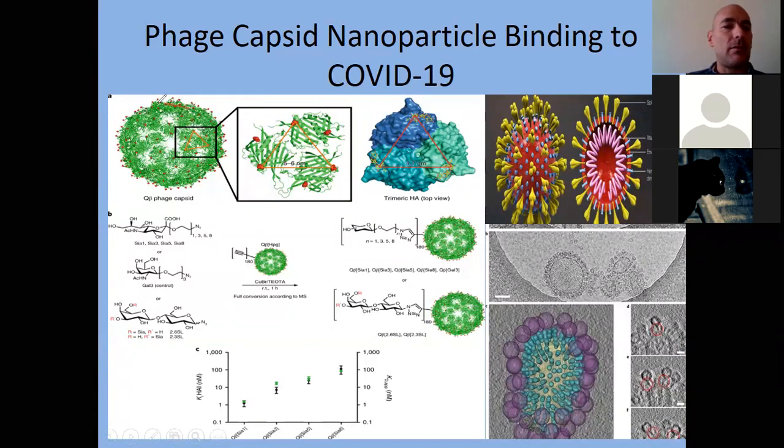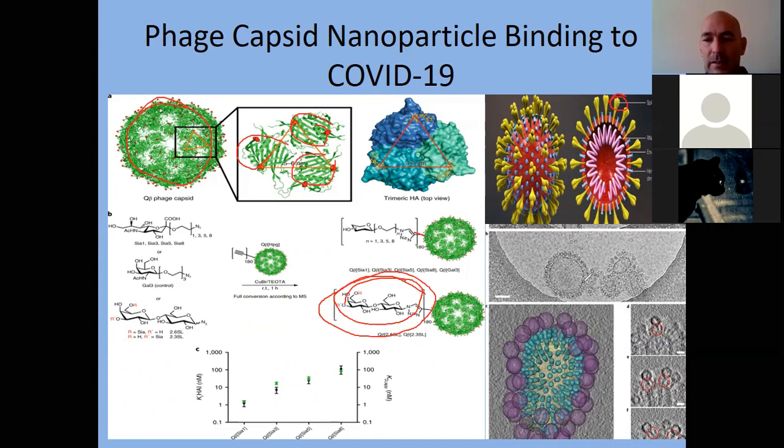This is how this phage capsid looks like, and basically it is a complex of protein units that make a nanoparticle. Now they can modify this nanoparticle with a functional group. See this? And what is interesting is that this functional group actually binds to the protein of the virus on the surface.